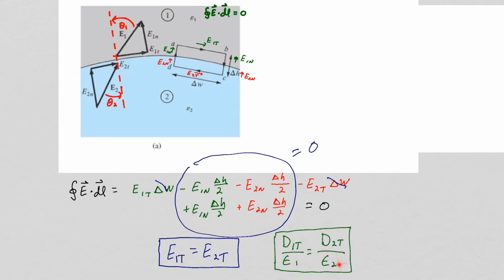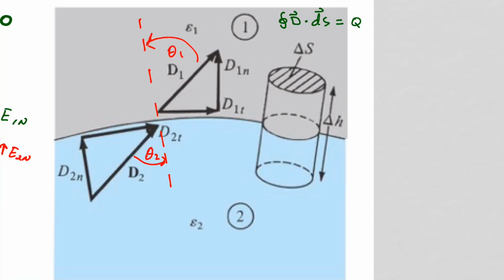To get the conditions on the normal components of the electric field, we're going to use a second Maxwell equation, Gauss's law. We know that in our dielectrics, we only have bound charge, but we're going to include the possibility of having free charge at the interface between the two dielectrics.